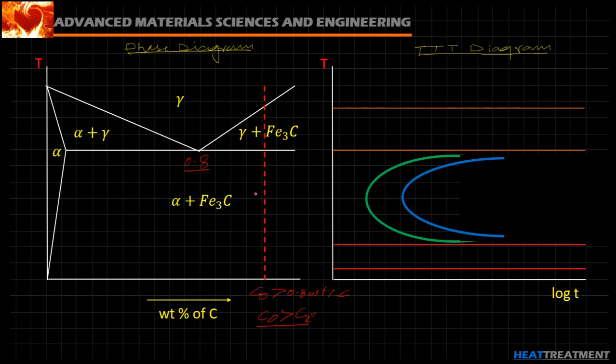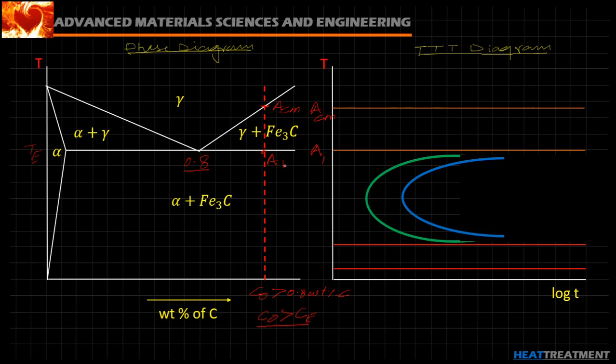Here the boundary between gamma and this gamma plus cementite Fe3C is represented by ACM, and we have the same A1 temperature, the eutectoid temperature. These two temperatures are also shown on the TTT diagram with corresponding lines, as this is A1 and this is ACM.